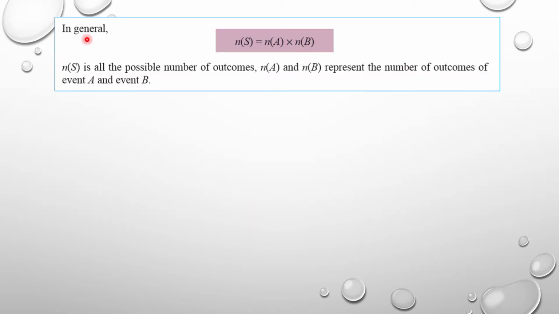In general, the number of the sample space equals the number of event A times the number of event B. As we did in the previous slide, we can use the box method to find the number of possible outcomes of event A and event B.